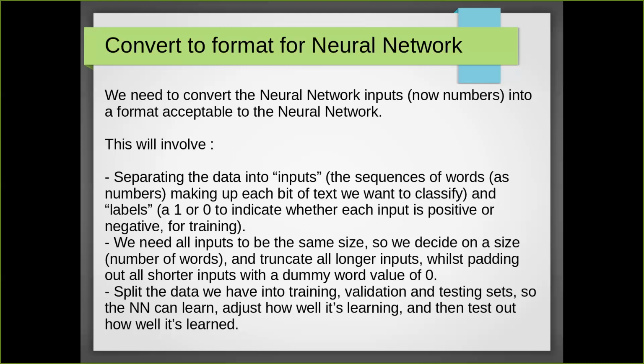If we decide 500 words, anything longer than 500 words will be chopped. Anything shorter than 500 words, so say we've got 250 words, you then also have 250 padding words. These are basically just dummy words with a value of 0, and the neural network essentially knows these aren't actually words. These are just padding that we use to pad out shorter reviews.